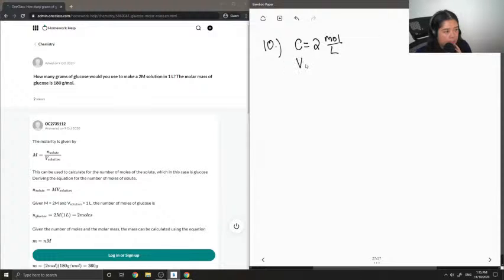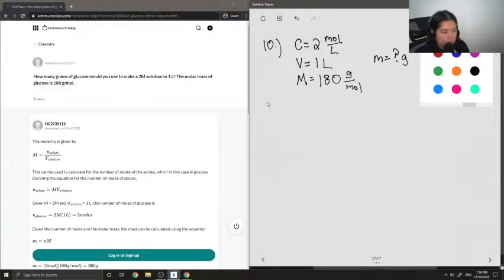They gave us the volume of that solution, which is 1 liter, and they also gave us the molar mass of glucose, which is 180 grams per mole. And we are looking for the mass. So this is a 2-step question.